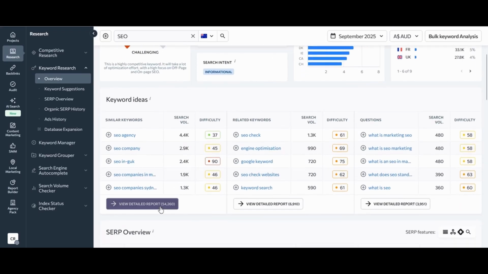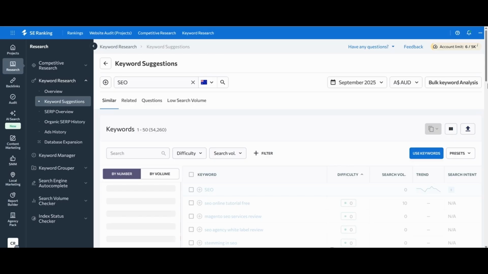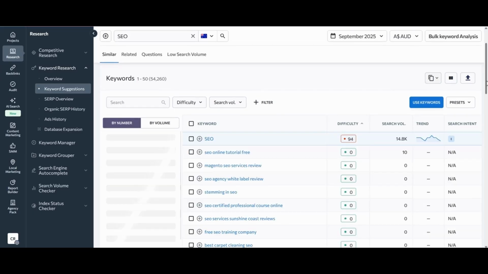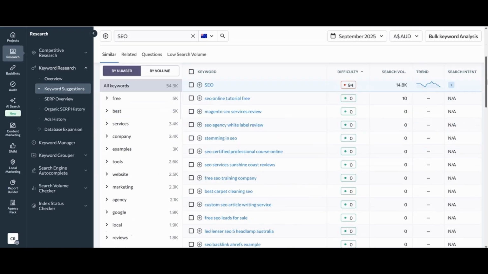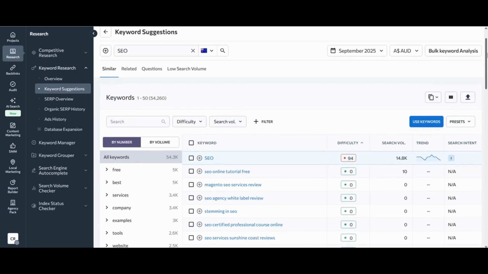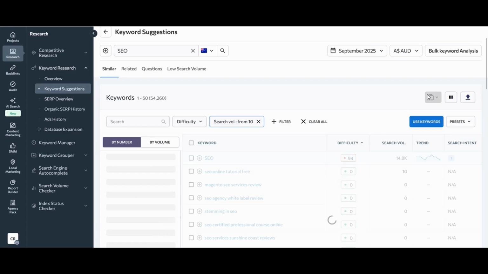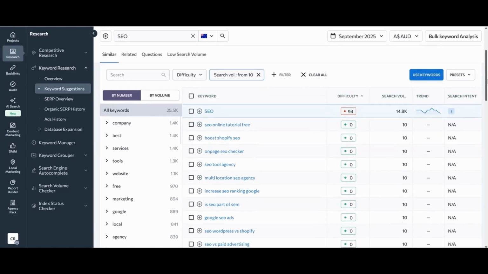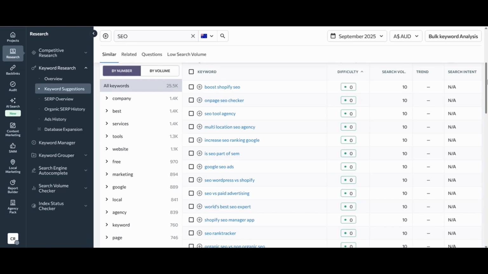I would go into my detailed report and once again go through the different difficulty scores and search volume. Once again, depending on the tool you use, this is SE Ranking, you can set the filters to define these keywords.